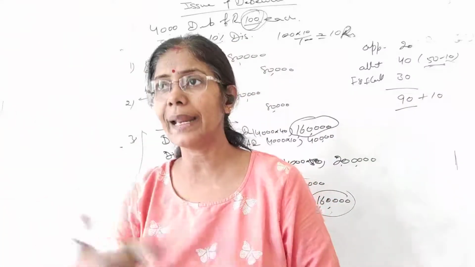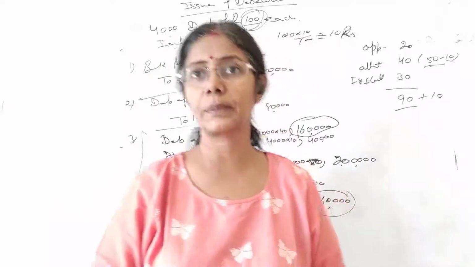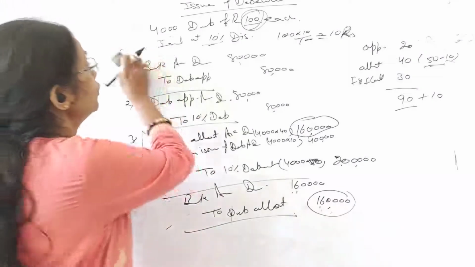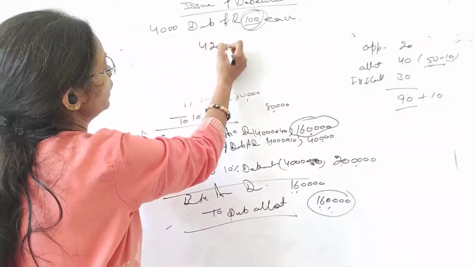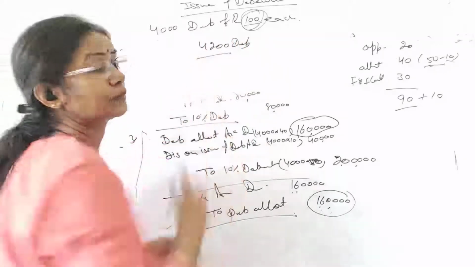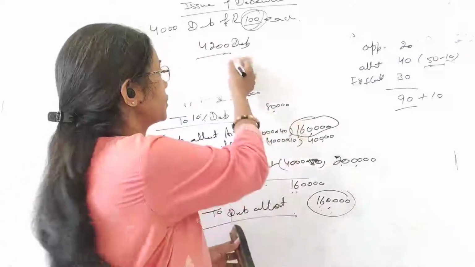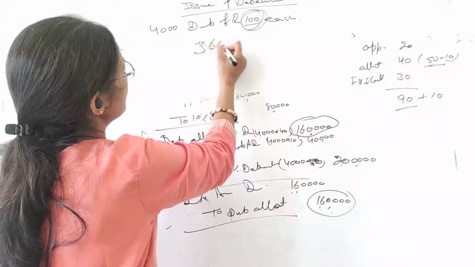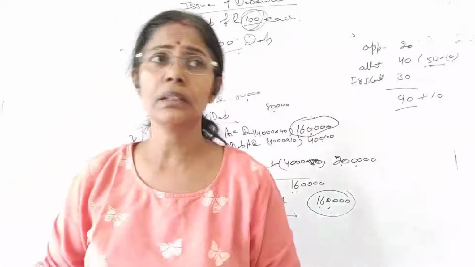And when you get less number of applications applied by the public, that is under subscription. In the same example, suppose you wanted to issue 4,000 debentures, you got an application for 4,200 debentures. So this is the case of over subscription, 200 extra. And if they have applied for 3,600 debentures, so this is what?